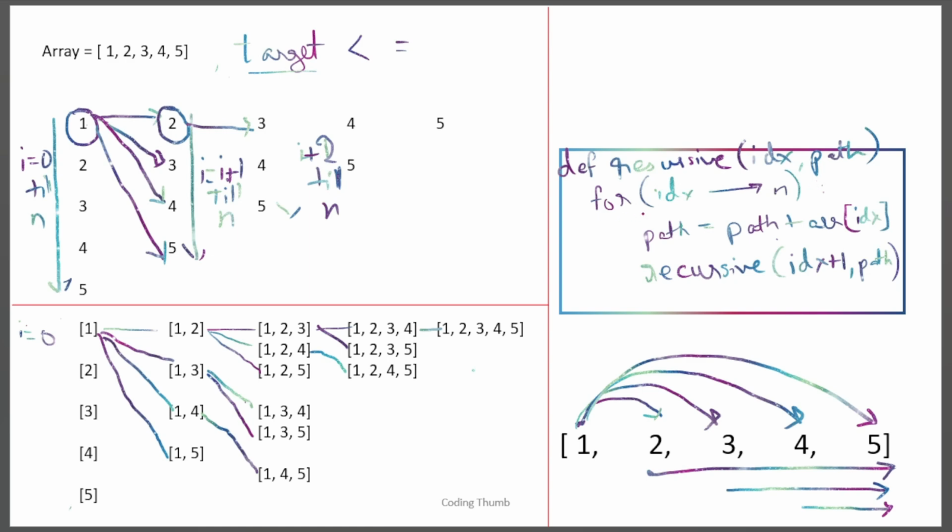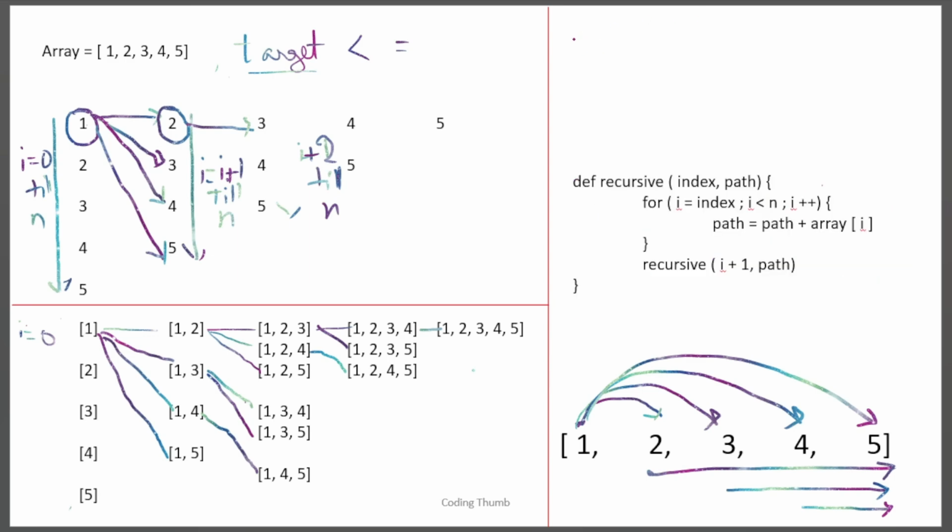So let's take an example and try to see how this works. So first we can send the index value to be 0 and our path is an empty array. Now when this happens and it goes into the recursive call, i goes from 0 till n, that is 4, and my path now becomes just the first element.